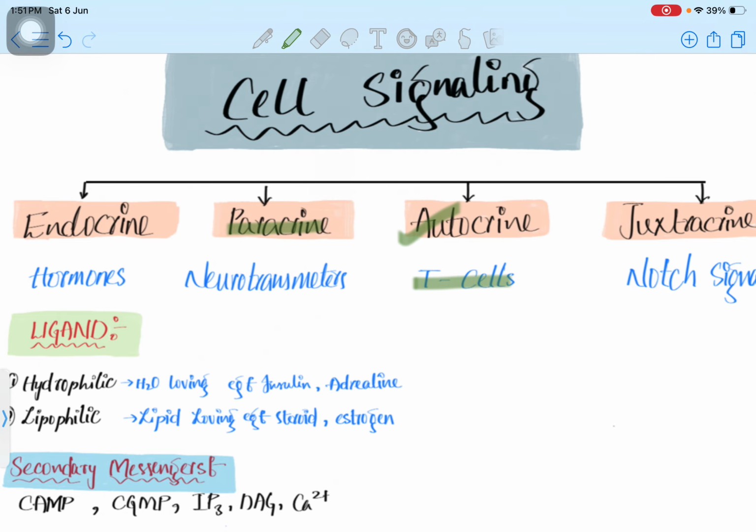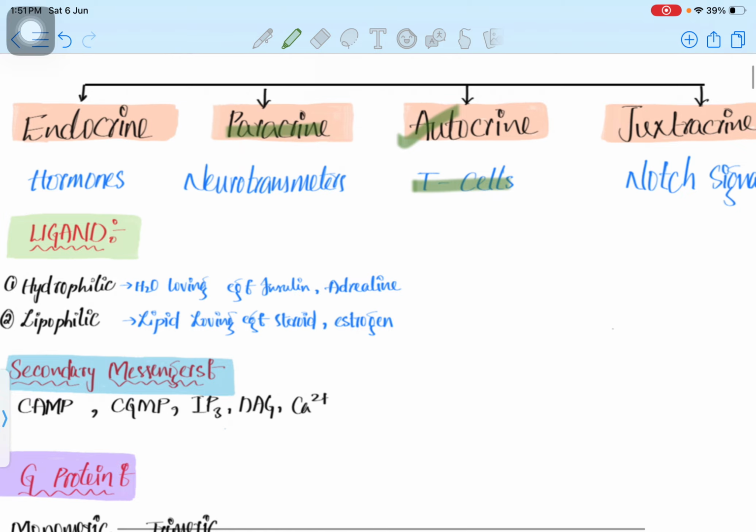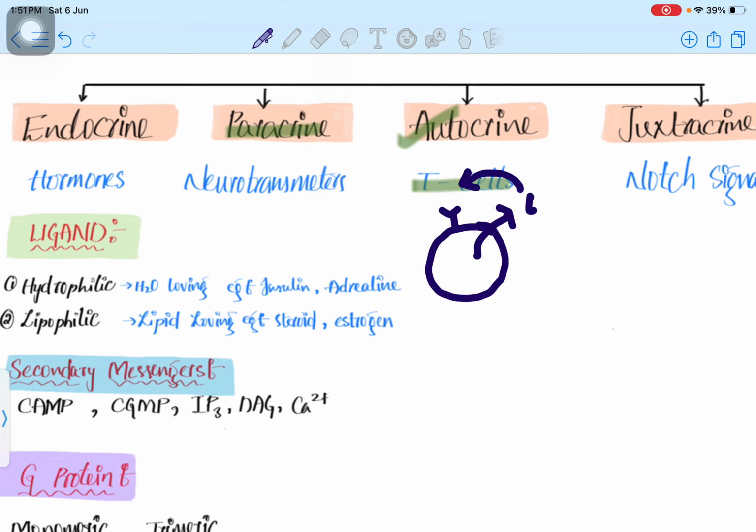We can take the example of T cells in this autocrine condition. So in autocrine, one cell releases the ligand and the same cell is responsible for receiving the message. Sender and receiver are both in one single cell, known as autocrine.